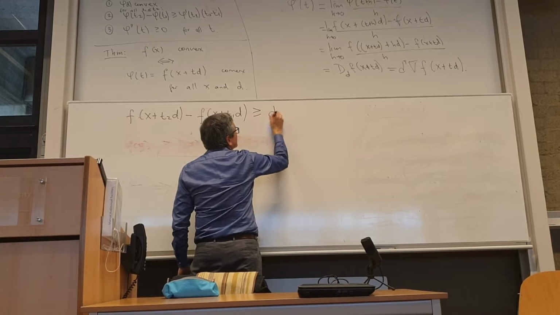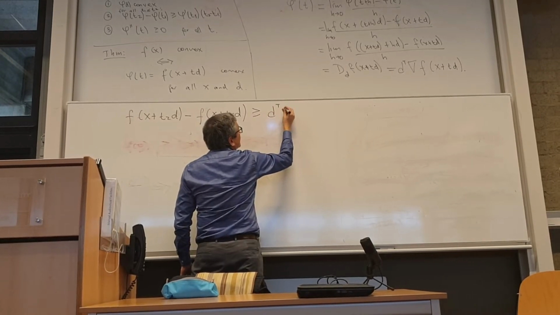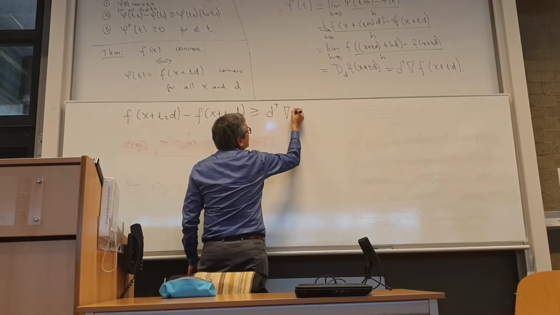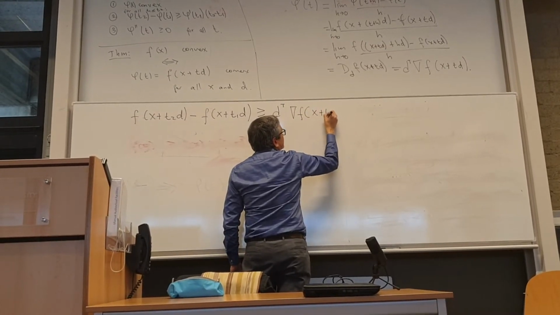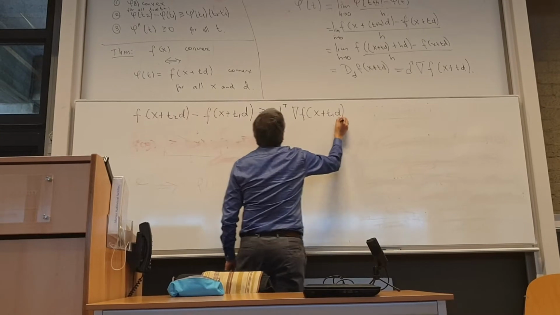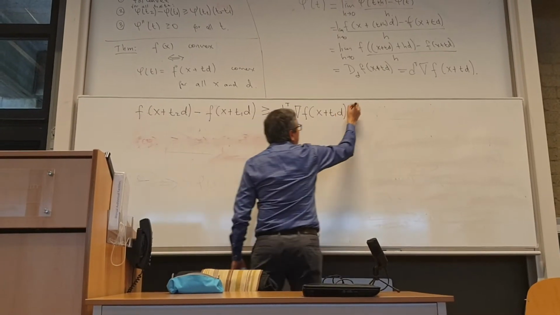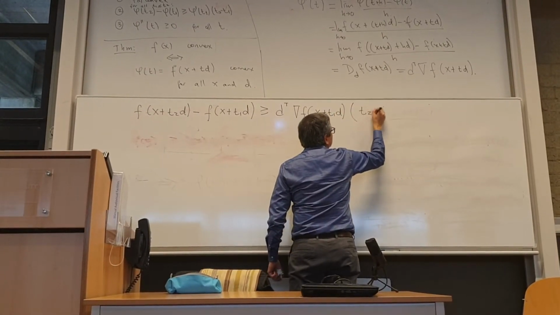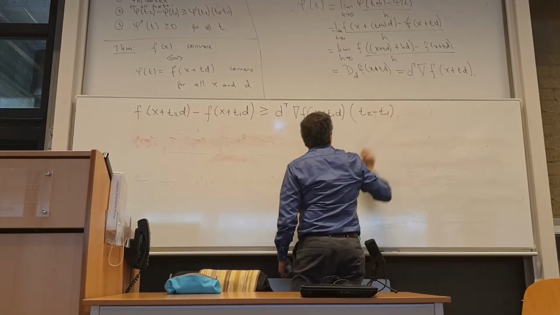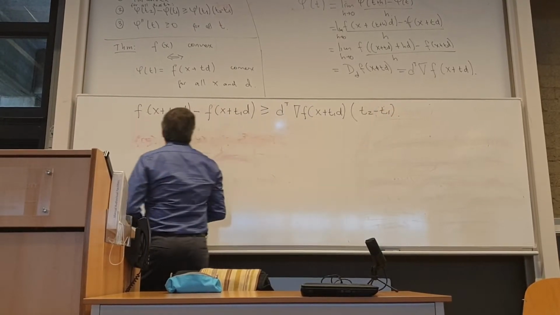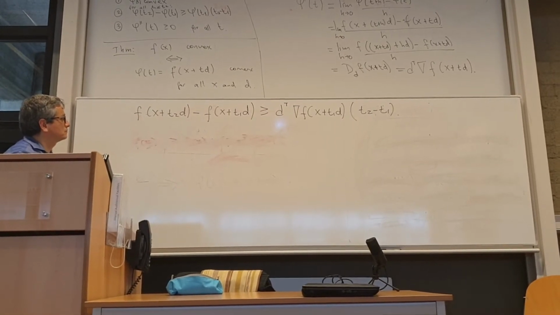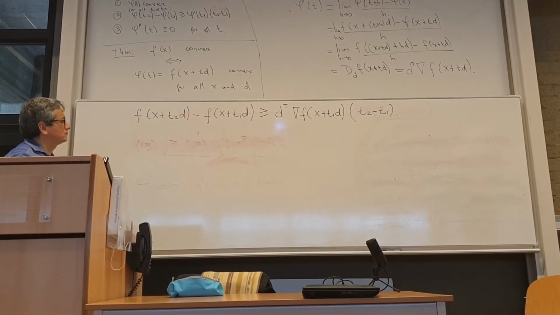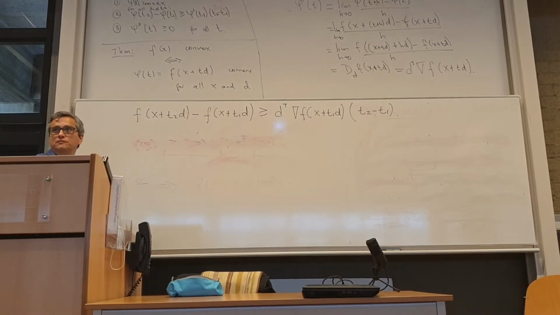So that's d transpose gradient of f at x plus t1d, times t2 minus t1.